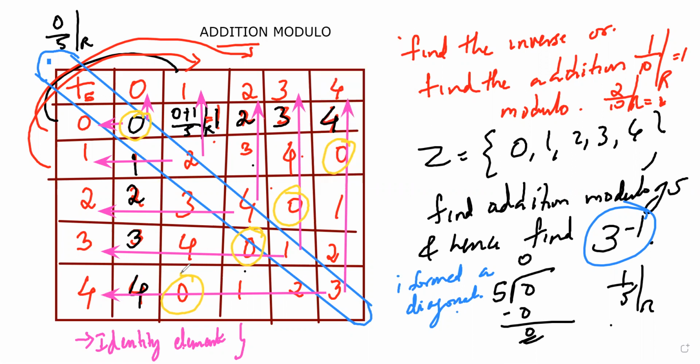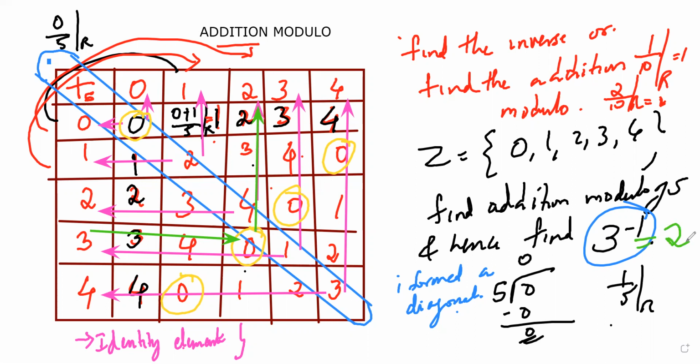For 3, I have to find the 3 inverse, right? So 0 is pointing to which one? This 0. And this 0 is pointing to what? 2. So the 3 inverse answer is 2.